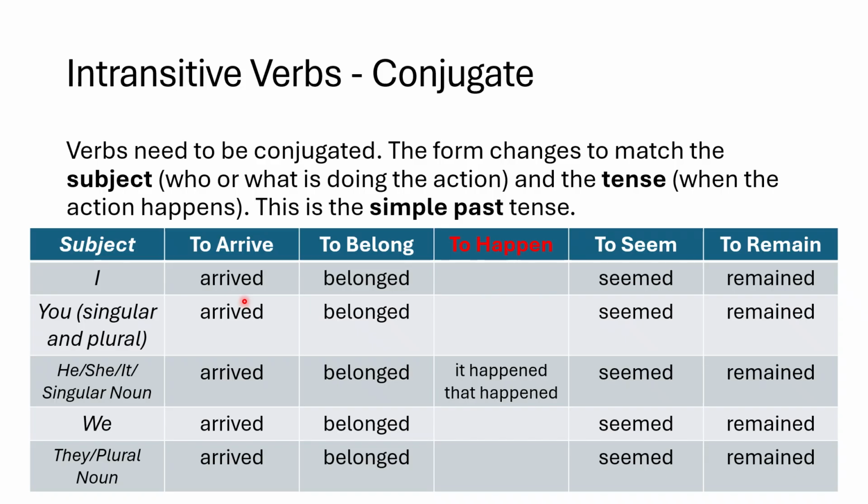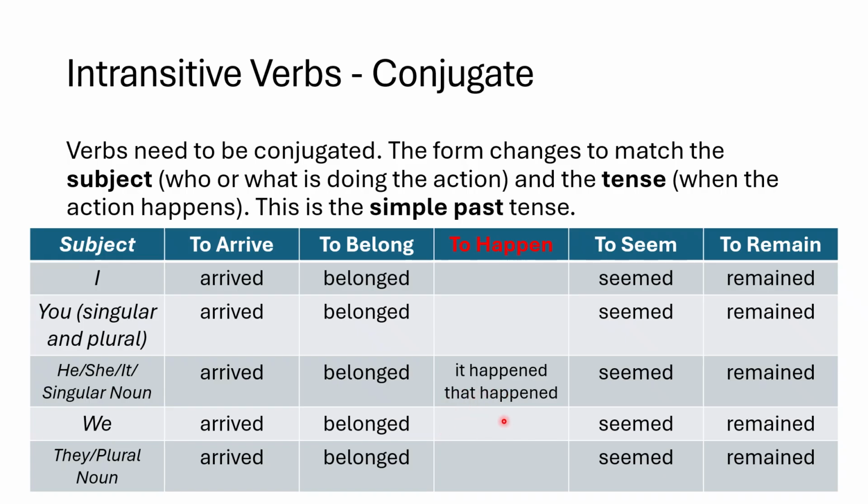I arrived. You arrived. He arrived. She arrived. It arrived. We arrived. They arrived. I belonged. You belonged. He belonged. She belonged. It belonged. We belonged. They belonged. It happened.